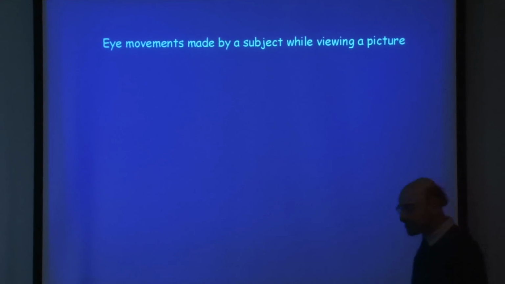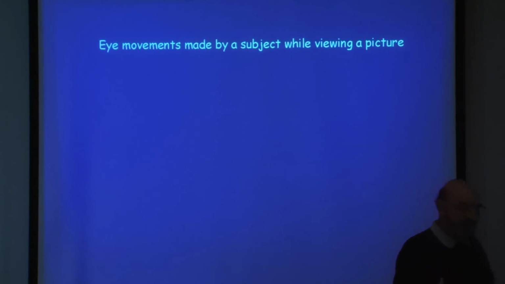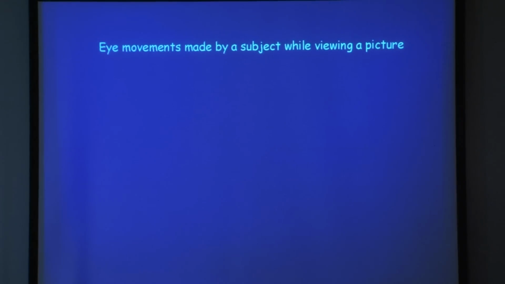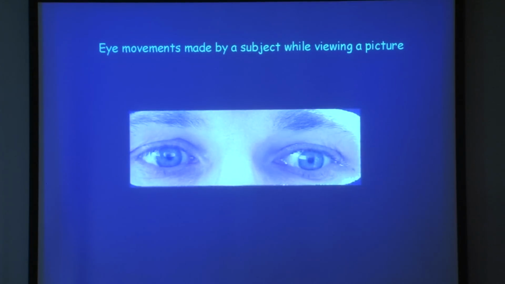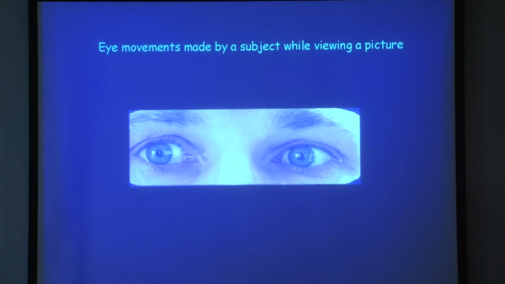All right, so let's now take a look at a human subject and see the eye movements the subject makes. I mean, you're perfectly aware of it, but I thought it would be fun for you to look at it. So here's a subject looking at something, right? And all these eye movements, obviously there's nothing moving out there, so these are all saccadic eye movements. The head is fixed.